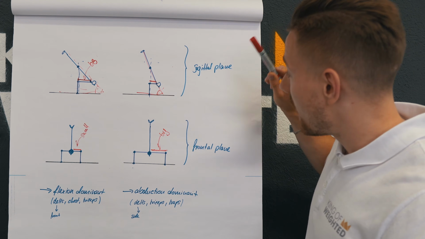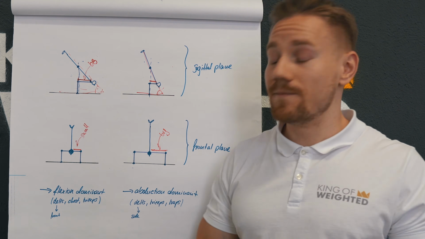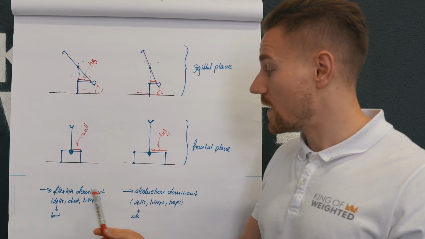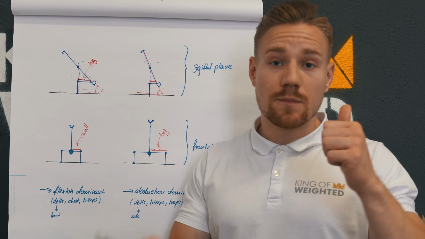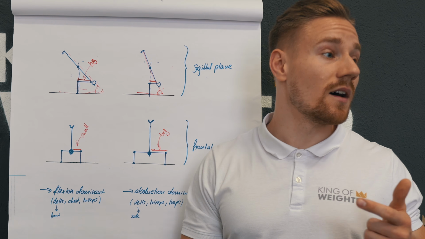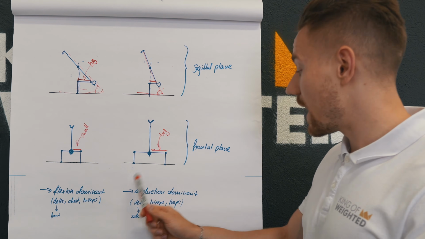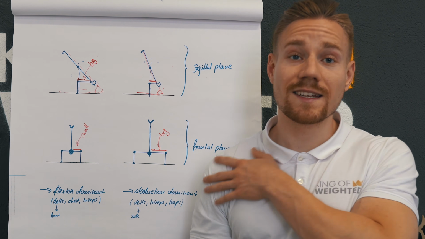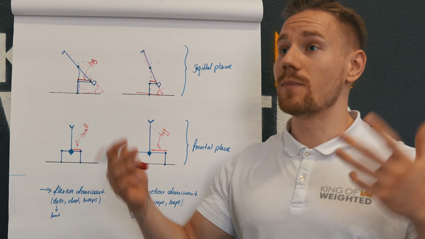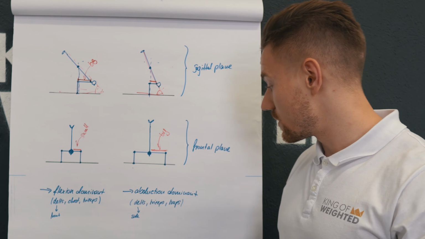And to decide which technique you want to use, you can now choose if you need a flexion dominant exercise for, I don't know, planche assistance, for dip assistance, or if you need a more shoulder abduction dominant movement to really build your side delts, to build the traps, to maybe have a good carryover to a dumbbell overhead press or something like this.